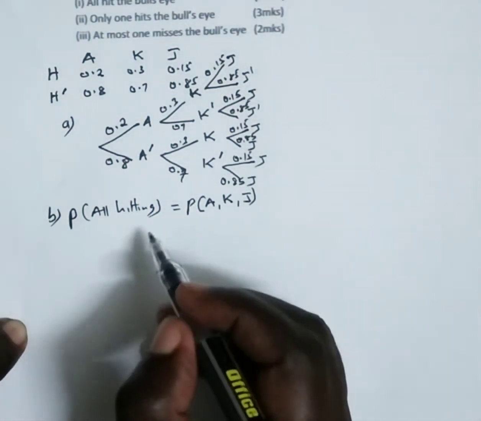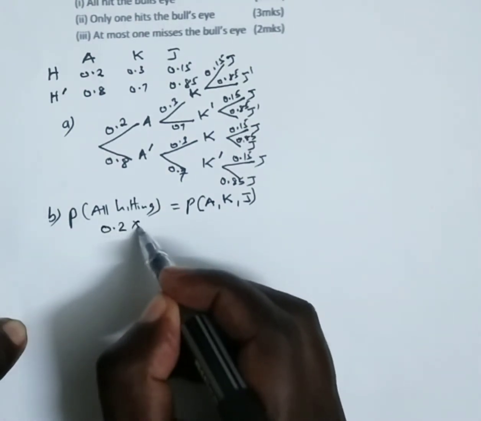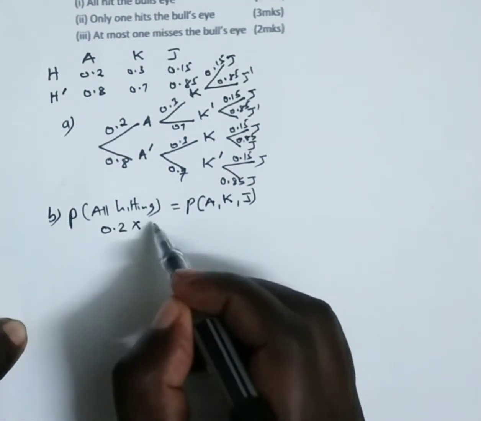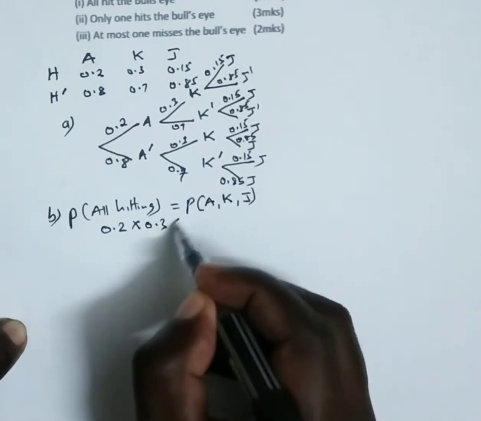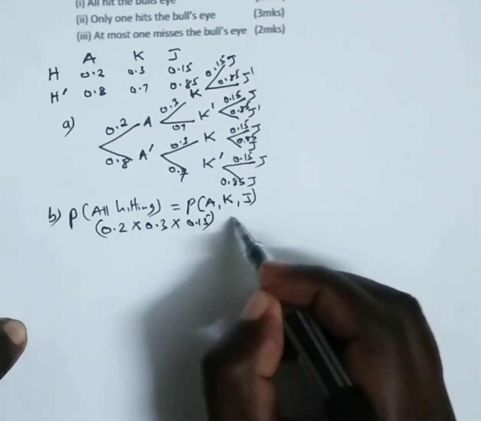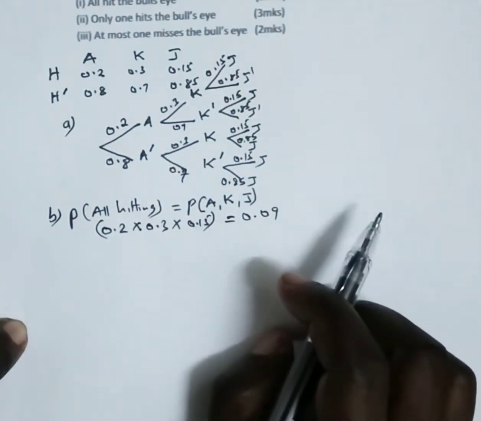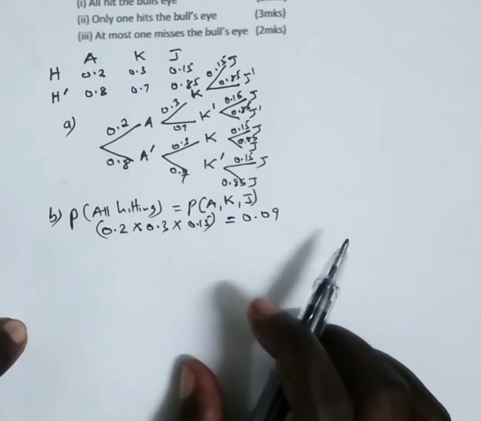This is equal to 0.2 times Kamau 0.3 times Juma 0.15, and this gives us 0.09 as the probability of all hitting the bull's eye.